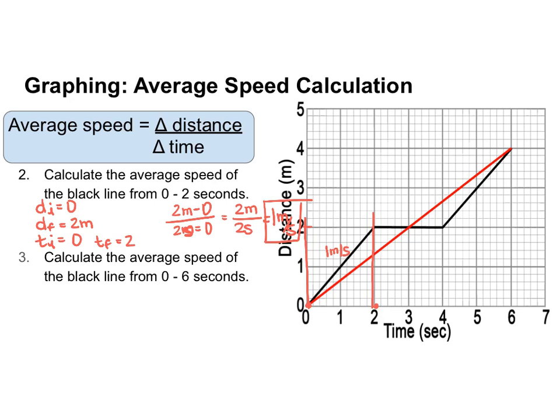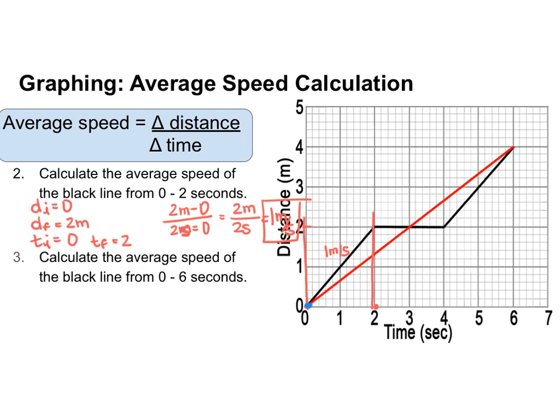Then it says to calculate the average speed of the black line from 0. So we're starting at the same spot. But this time we're going all the way to 6 seconds. So now we're looking at the whole graph. So let's set up again. We're going to do the initial distance. We're starting at 0. And then final distance. So I'm going to go over to my 6, up to my black line. And when I go back over, I'm at 4 meters.